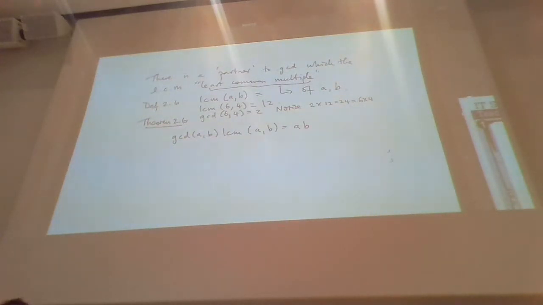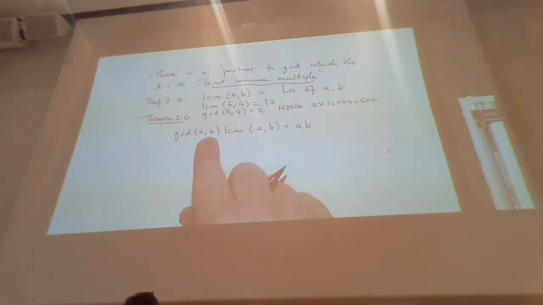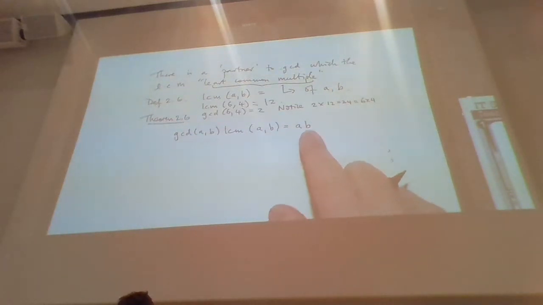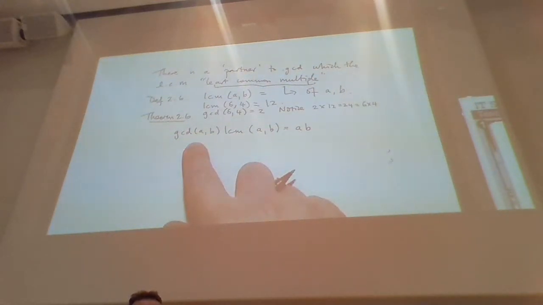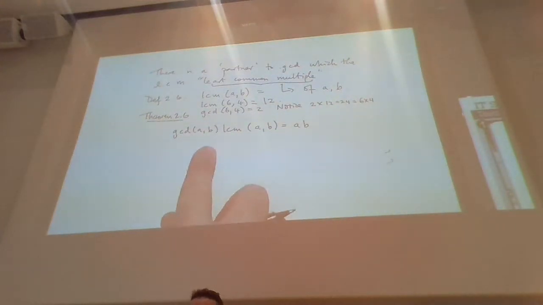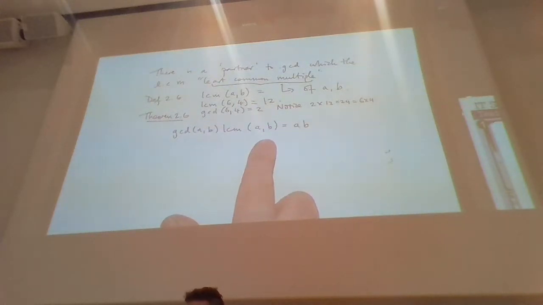If you know the value of the GCD, you automatically know the least common multiple, because it's equal to the product divided by the GCD. And vice versa. If you know the LCM, you automatically know the GCD, because the GCD is just the product divided by the LCM.